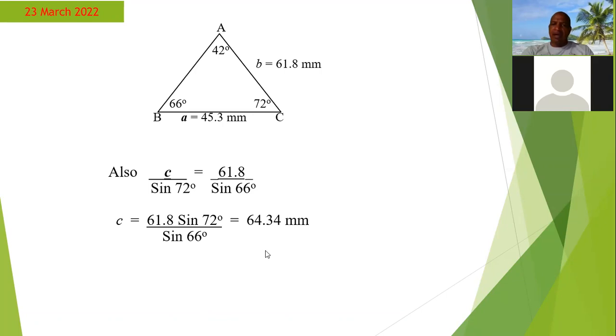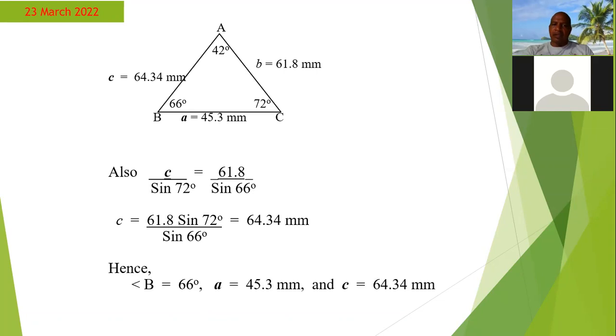Was that our answer that we were just working with, Mr. Lamar? So our solution to the triangle: we calculated the angle B, 66, the side A, which is 45.3, and the side C, which is 64.34.